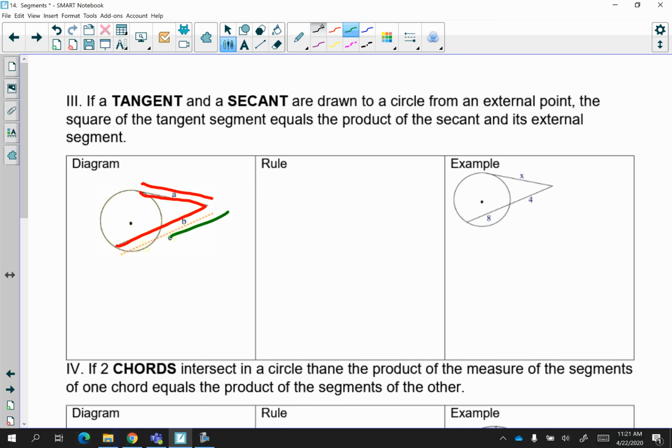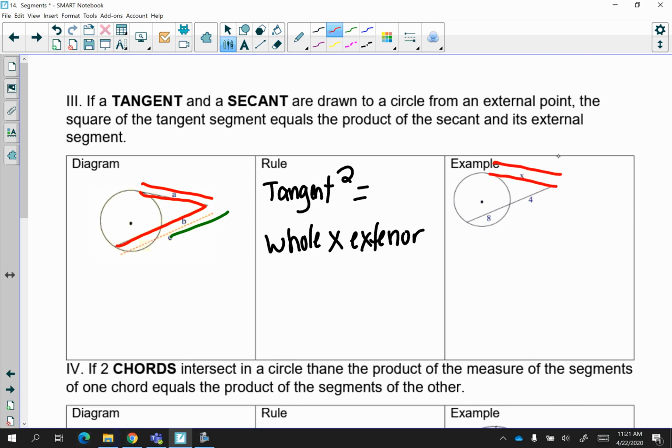So let's write our rule down. Tangent squared is equal to the whole times the exterior. Let's take a look at our example. We have a tangent. We're going to times it by itself. We have this whole secant, which we are going to have to add together, 8 plus 4, and we have the external.